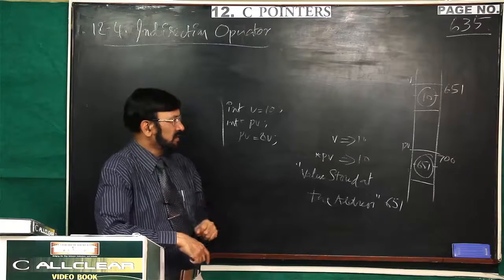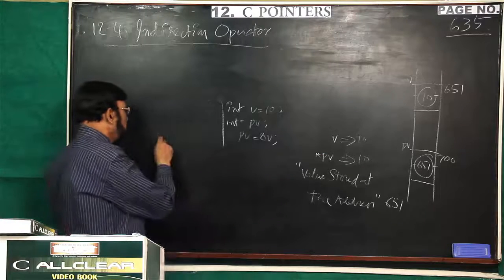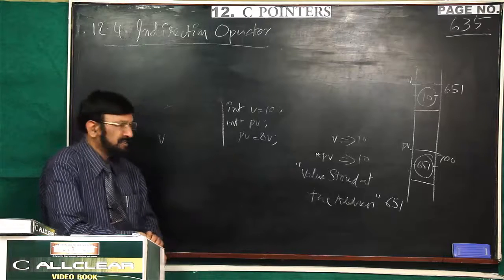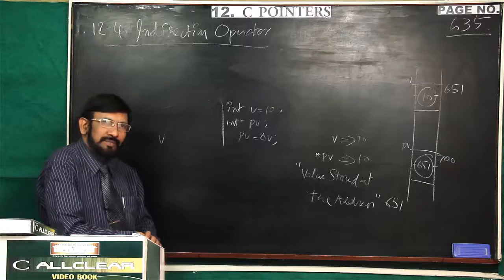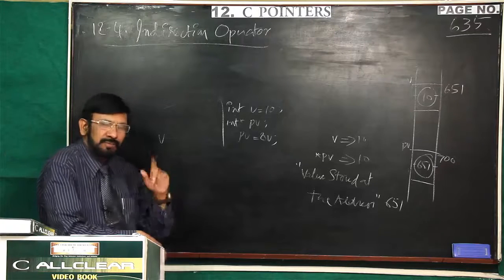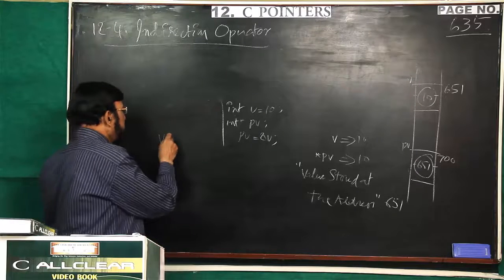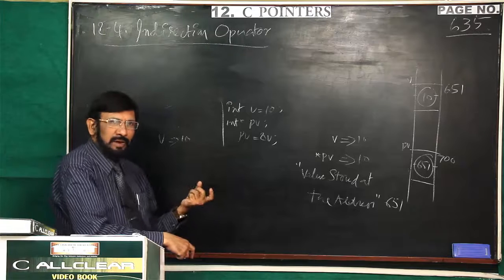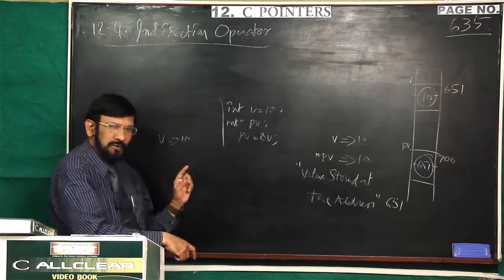Here, one secret you have to understand. If you write v, it is very simple to you. It is a direct way to you, like calling your friend Shyam. It is very simple to you, but it is not direct for the processor. In order to retrieve this 10, the compiler has to make an operation, translate, and tell the processor a particular address.